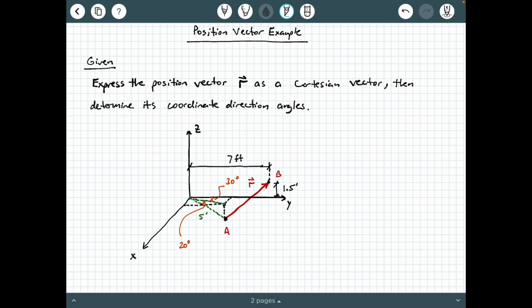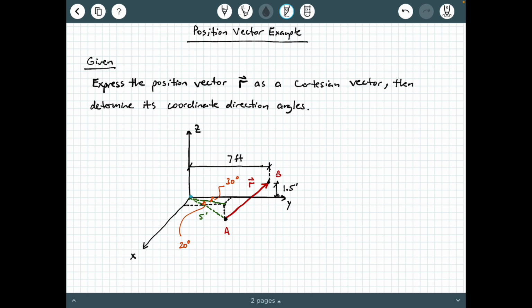Now, what about point B? Point B is actually in the YZ plane. So if you notice, we have some dimension lines that are defining the location of point B. If point B is in the YZ plane, that means that it has a 0 x component. So it does not have an x component. It's going to have a positive 7-foot dimension as a y coordinate.